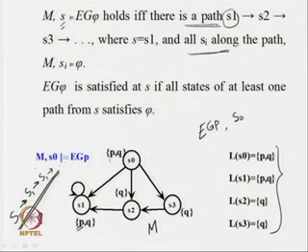So, we say that in model M, state S0, EG P holds. That says that M, S0 models EG P. We are getting at least one path where P is true globally, and that is why we say that EG P is true in state S0. So, this is basically the globally operator. That means, in all states it must be true.